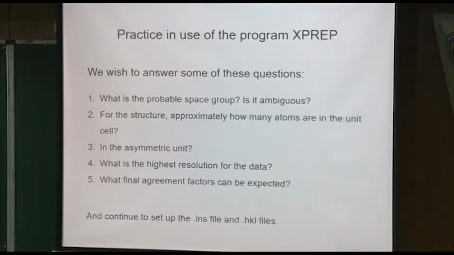And if you run XPrep and some of this information looks bad, you might just say, maybe I need a better crystal. Maybe I should just stop here. Because if you have poor resolution, you're just going to struggle, really. Get a better crystal.